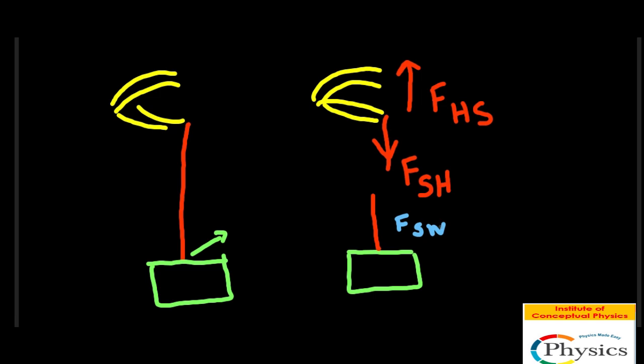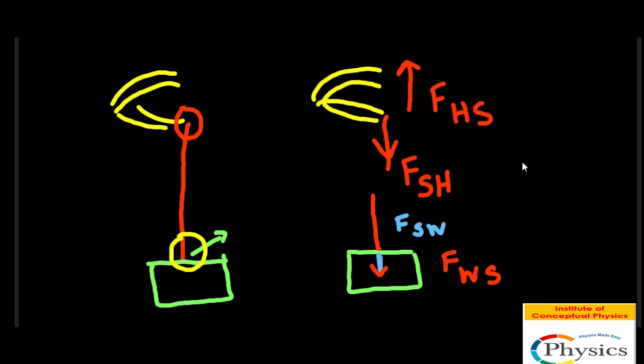As a reaction you draw a force downward, and this is the force being applied by the weight on the string. So far what we have considered is the action-reaction force here and the action-reaction force here.